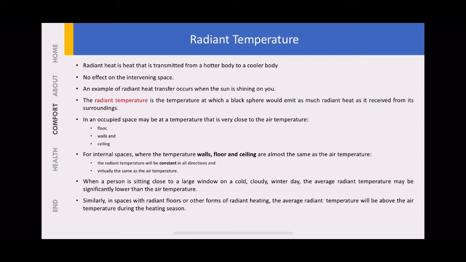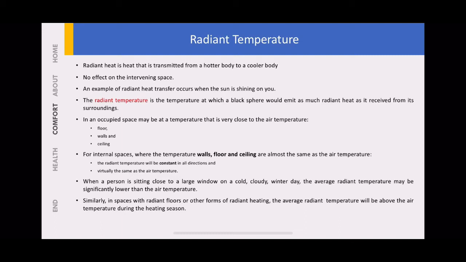All right, now next, radiant temperature. Radiant temperature is the heat that is transmitted from a hot body to a cooler body. So technically, maybe we are talking about the sun rays, or maybe you are staying beside a place where it radiates a lot of heat, right? There is no effect on the intervening space. That means between the spaces that you have inside that building, there's no effect on the intervening space, right? So maybe this room is directly facing the sunlight.